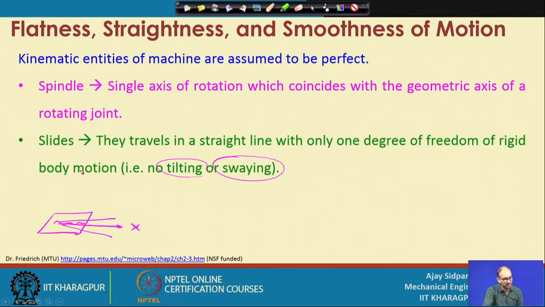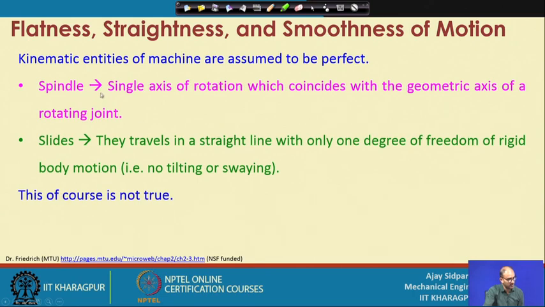This is our assumption, but when you construct the component, with all axes orthogonal to each other, there may be some problems by which you are not able to get the required motion. So, you have to be very careful in getting machine components free of this type of problematic errors.